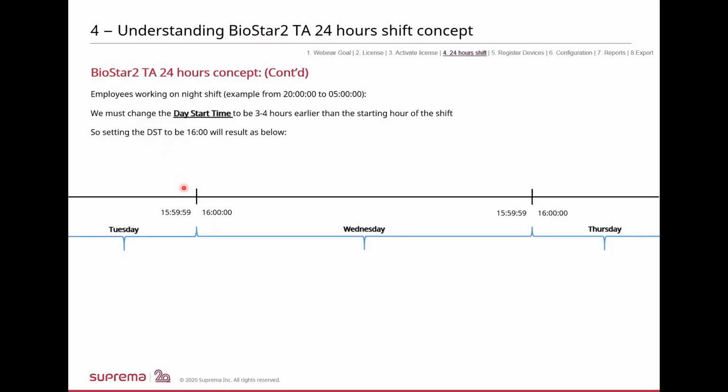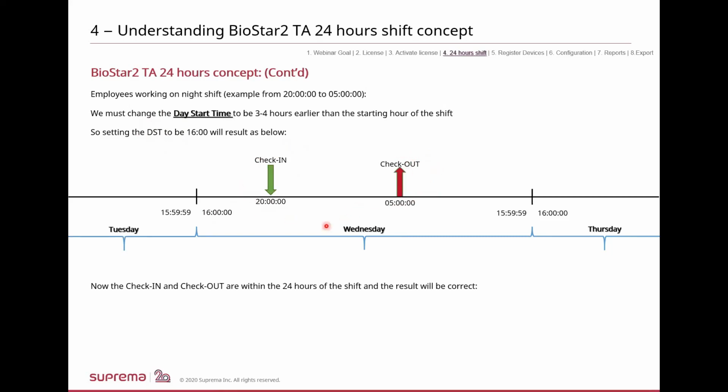So when you do the check-in at 8 p.m. and the checkout at 5 a.m., now you have both transactions within 24 hours, which has been set to start by 4 p.m. Now, when you run the report, you will have that on Wednesday, you have worked for 9 hours. So please make sure that you fully understand the day start time point.